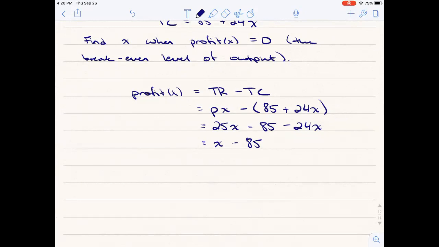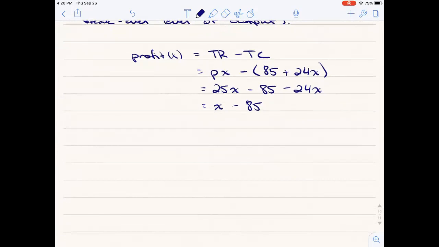So that's our profit function when P is 25. And so now set the profit of X equal to 0, then solve for X, just as a little reminder of what we're doing.